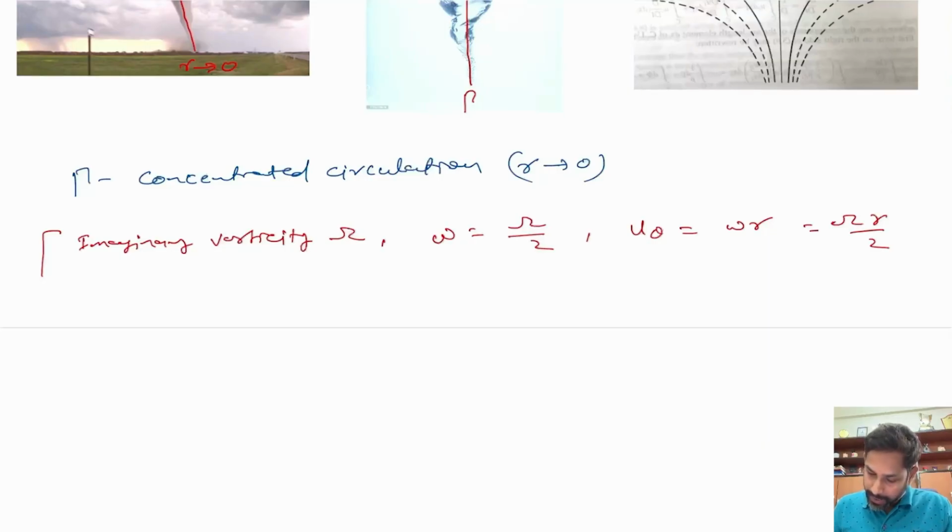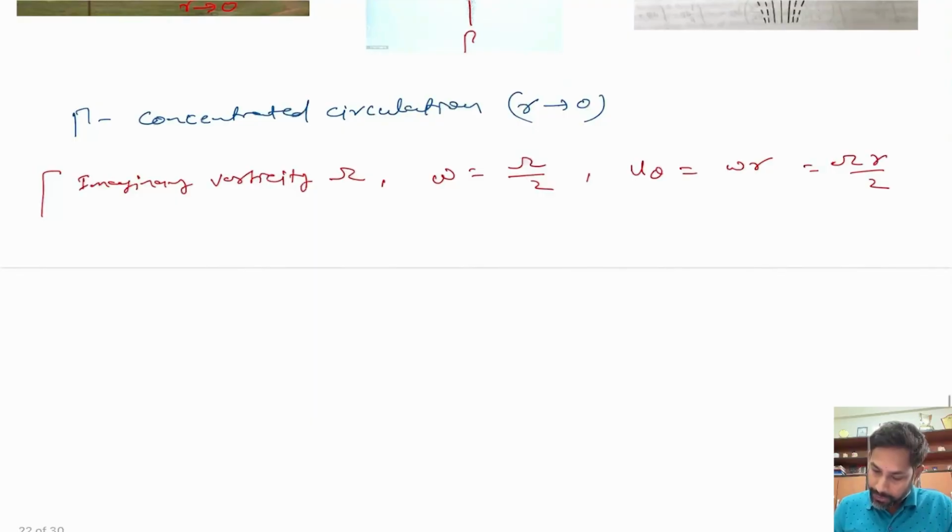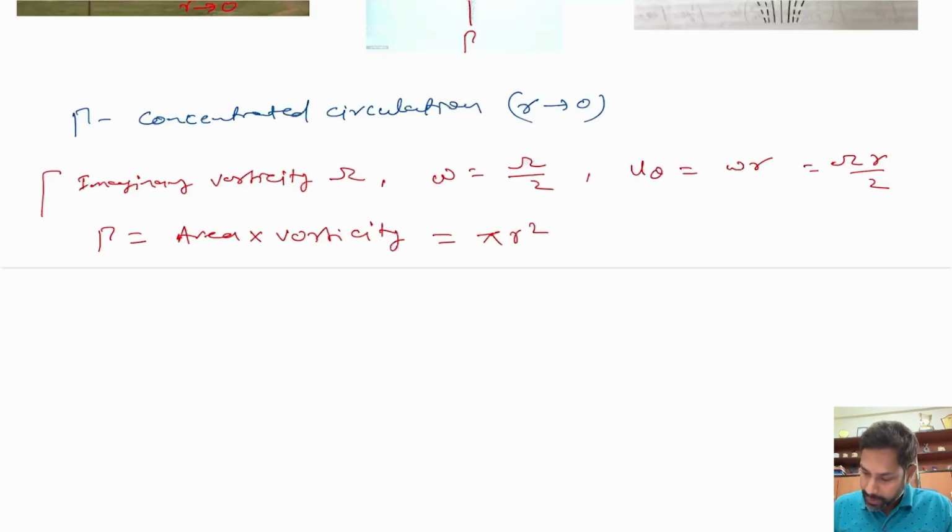And we know that circulation must be equal to area times vorticity. This is something we have defined. That means for any radius r, pi r square, with a vorticity of omega, this must be the circulation.